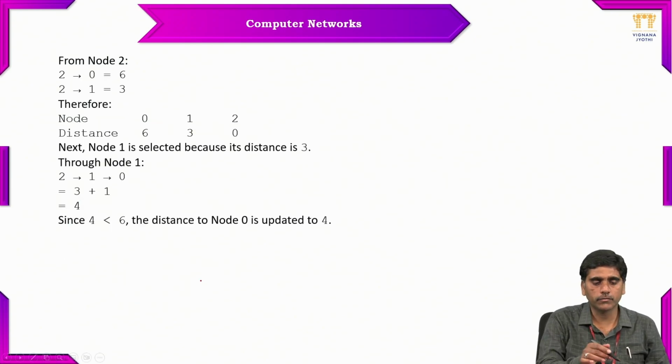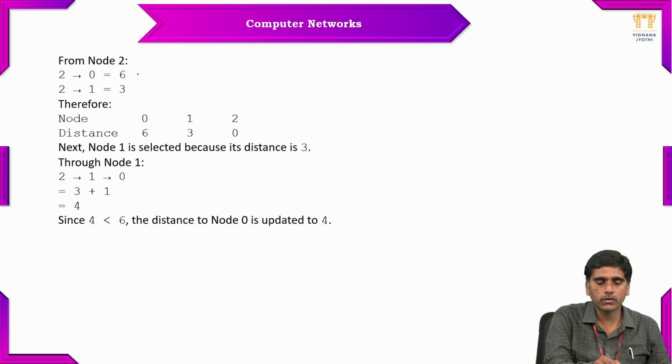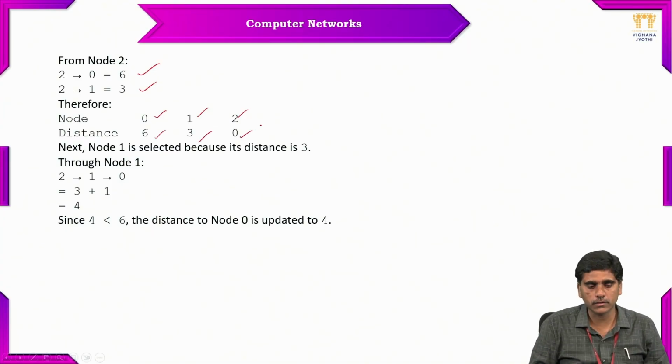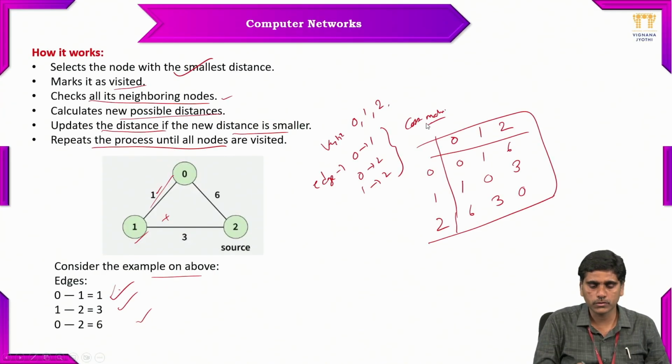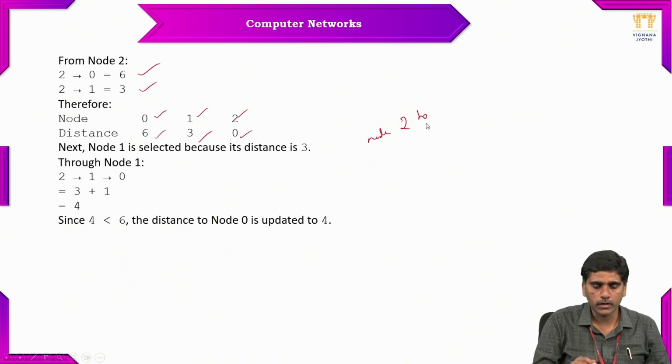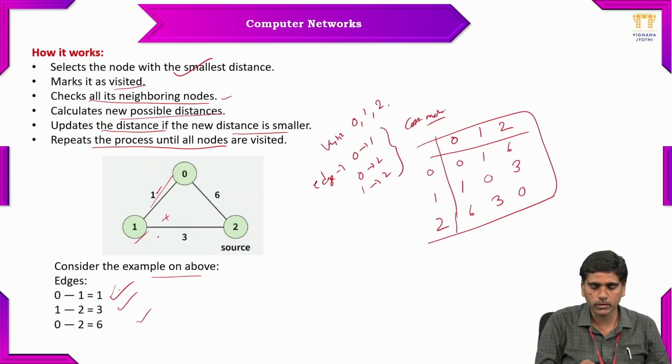So before calculating, from node 2 to 0 is 6, and 2 to 1 is 3. Therefore for nodes 0, 1, 2 the distances are 6, 3, 0.